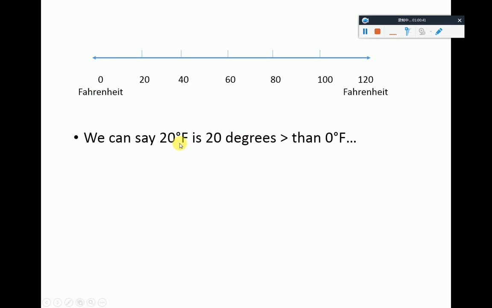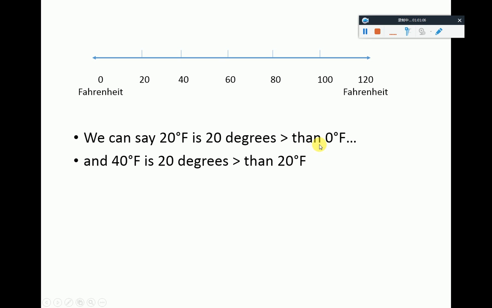We know from the previous discussion that 20 degree Fahrenheit is 20 degrees higher or warmer than 0 Fahrenheit degree. That we can say, right? And we can also confidently say that 40 degree Fahrenheit is also 20 degrees warmer or higher than 20 degree Fahrenheit.